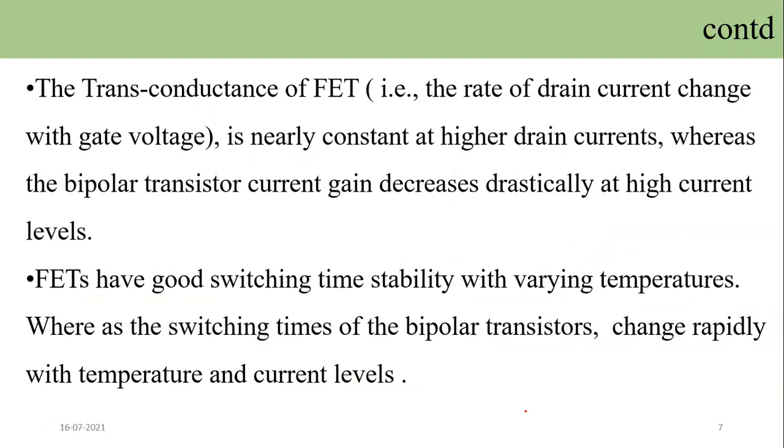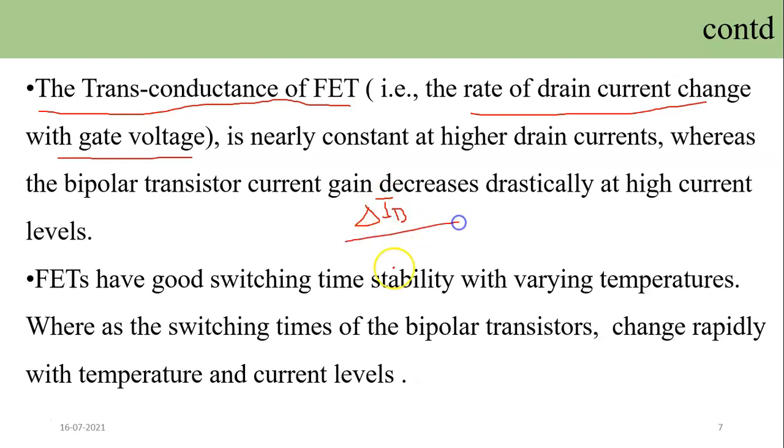And another most important thing is the transconductance of the FET. We will discuss this in the next video. That is, it is the rate of drain current change with gate voltage, that is delta ID by delta VG.